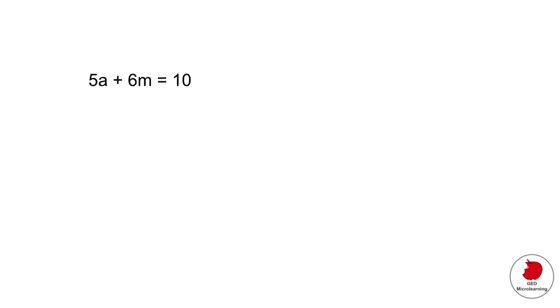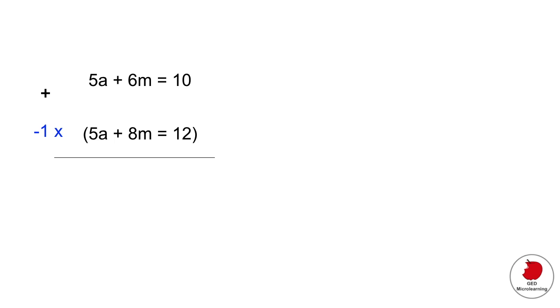Great. So what we want to do is add these two equations that we just generated, but we want to eliminate one of the variables so that we can solve for the other variable. Looking at this, the way that we could do this is to multiply one of the equations by -1, because if you add these two equations together, 5a plus -5a is going to cancel out.